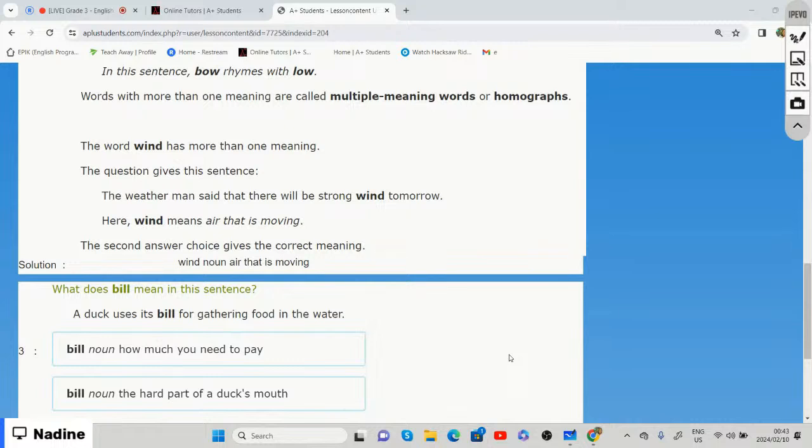How much you need to pay, or the hard part of the duck's mouth? And it says a duck uses its bill for gathering food in the water. So which definition, one or two, matches the sentence?